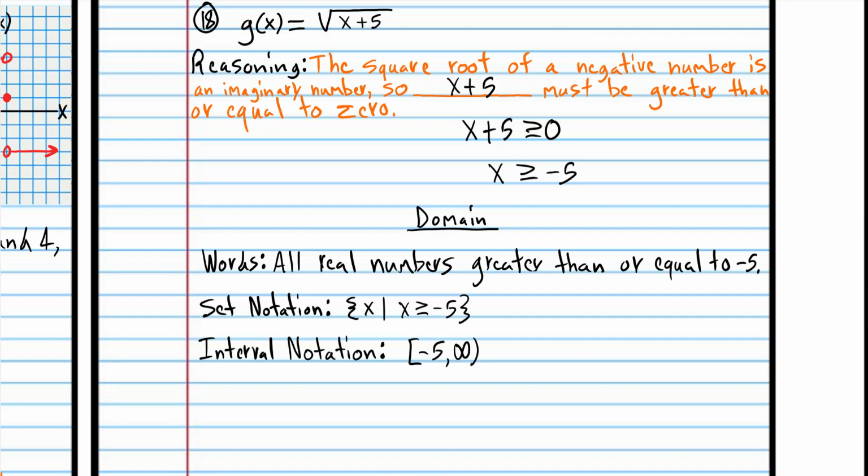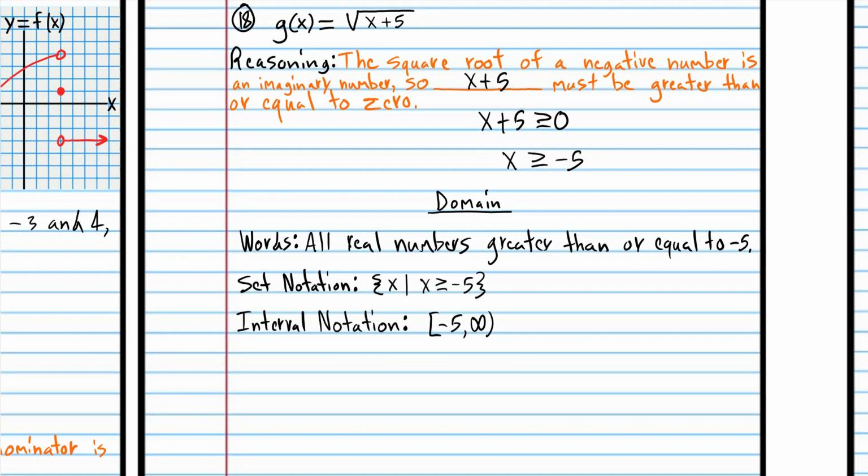So the bracket indicates that negative 5 is part of the domain, and again, you never write a bracket next to an infinity symbol. So there we have another example.